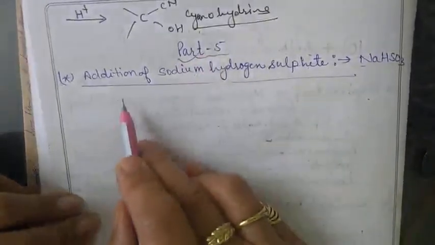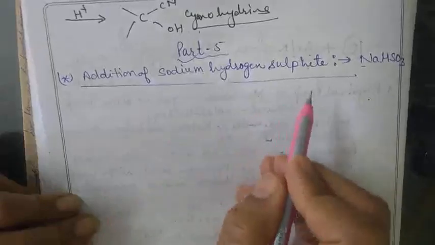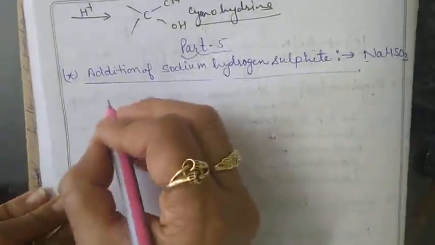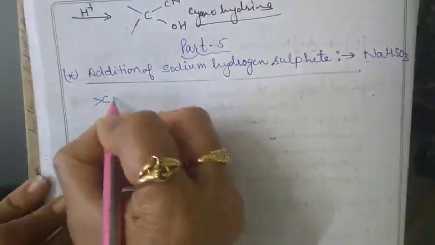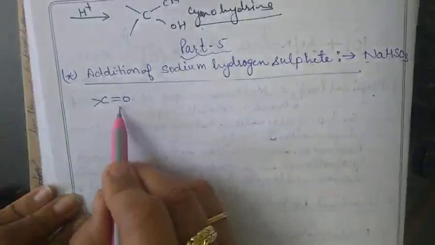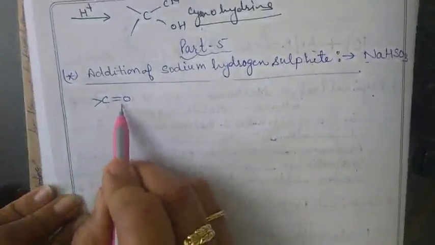The hydrogen sulfite addition compound is water soluble and can be converted back to the original carbonyl compound. So how does this reaction take place? Let's start with the reaction. This is the carbonyl group, meaning we are talking about the aldehyde as well as the ketone.